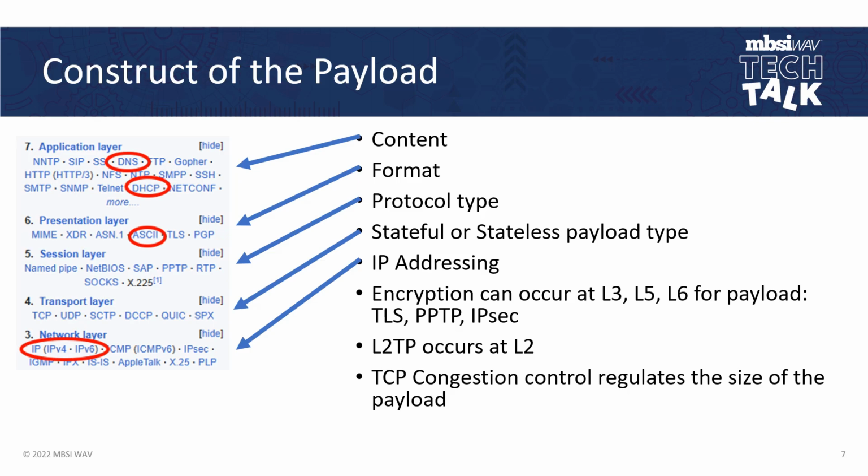And so it's better from a system perspective to limit the size of the payload in order to provide a better guarantee that the data is going to arrive intact at the other end. So typically we see TCP congestion control regulates the size of the payload anywhere from a few hundred bytes up to 1,000 or 1,200 or something like that, depending on how reliable the link actually is.